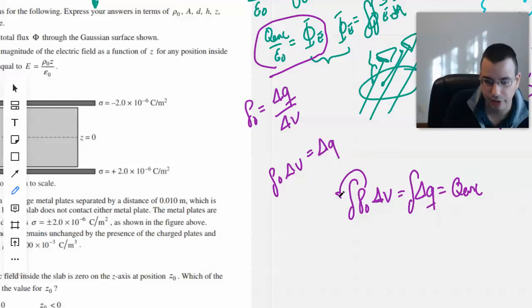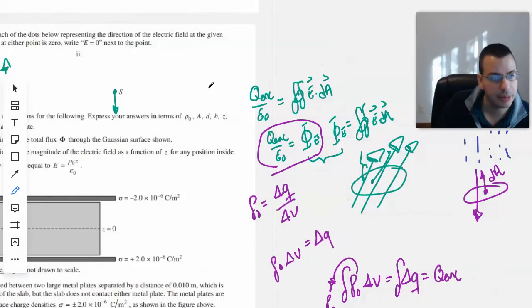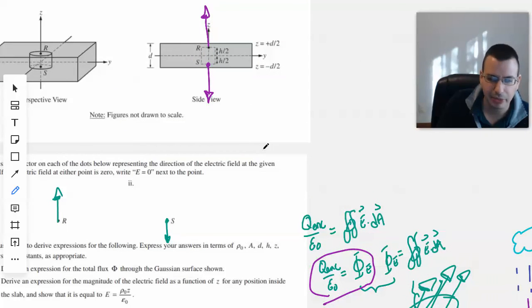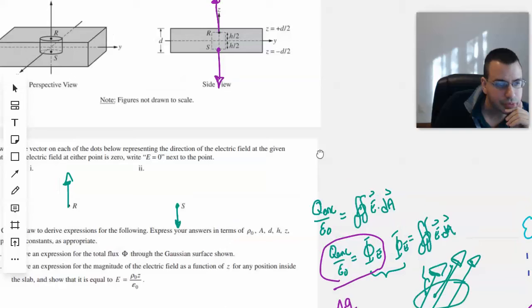This volume will just be the volume of the cylinder, which goes up h over 2, down h over 2.